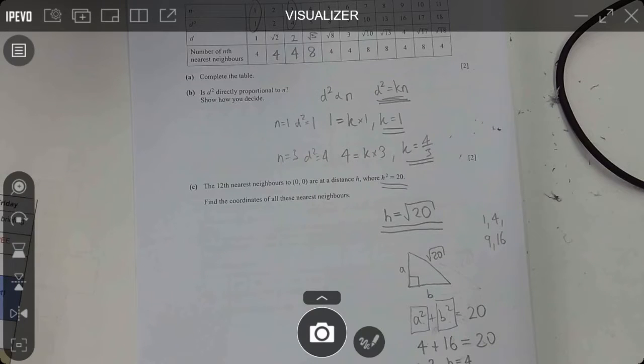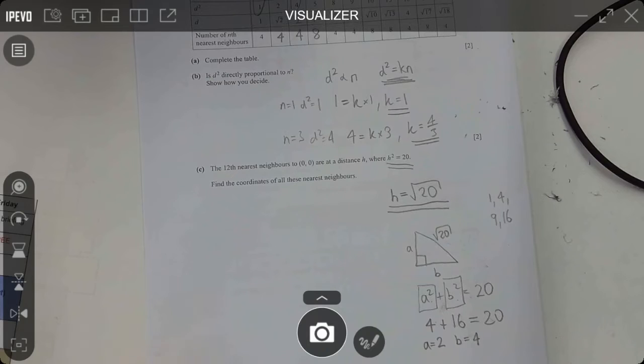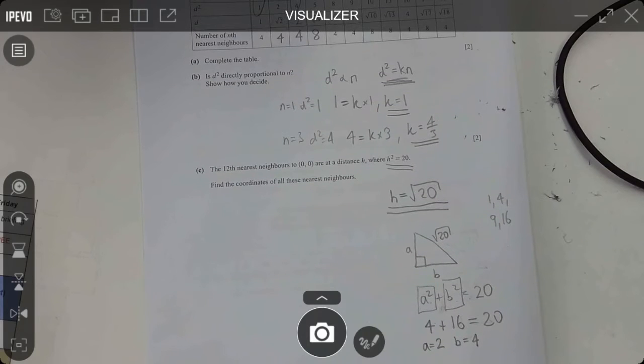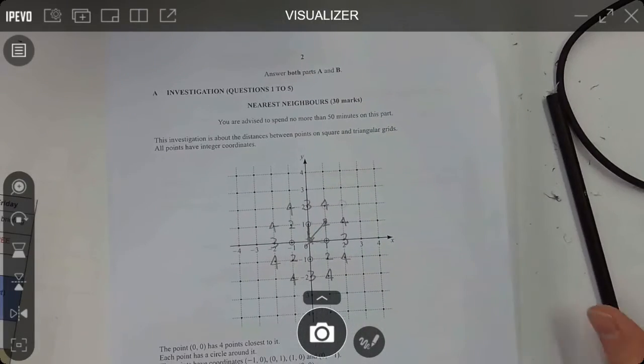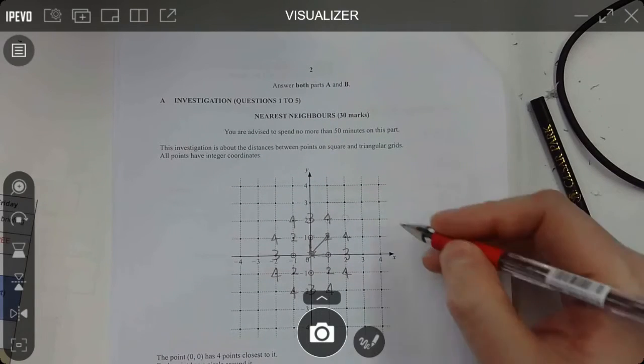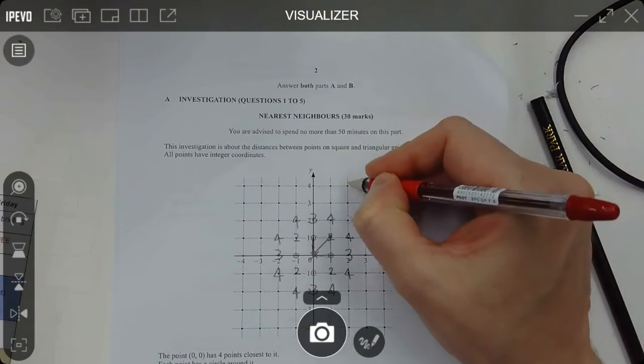So we found the 2 lengths. For this to be true, they have to be 2 and 4. So you've got to think of all the different combinations of this. There are loads. So 2 and 4, I'll try and maybe use a different color here. So you've got lots and lots of them. So it could be here, for example.